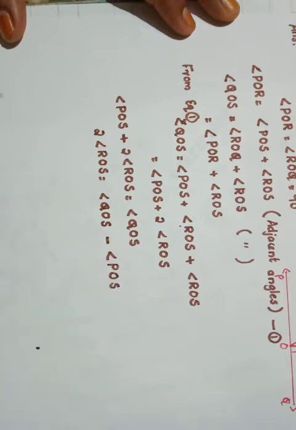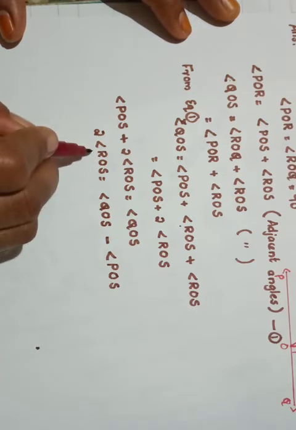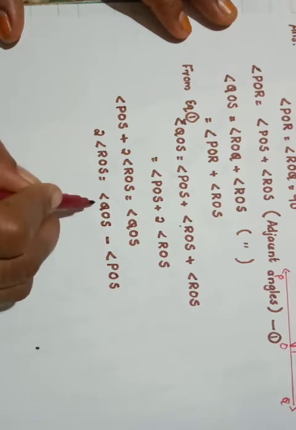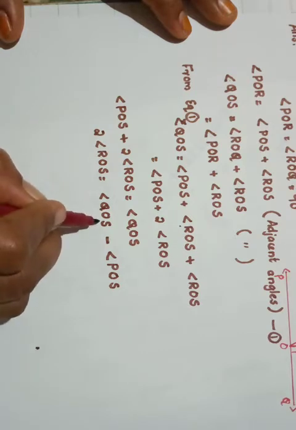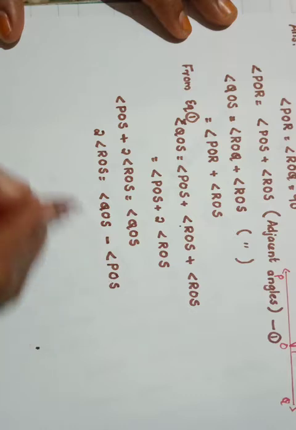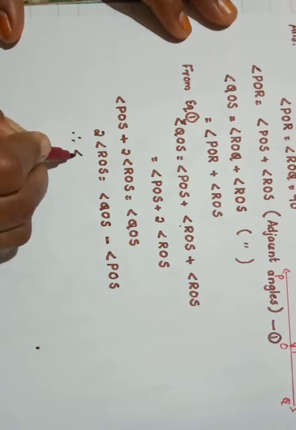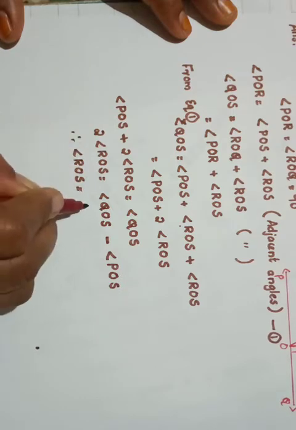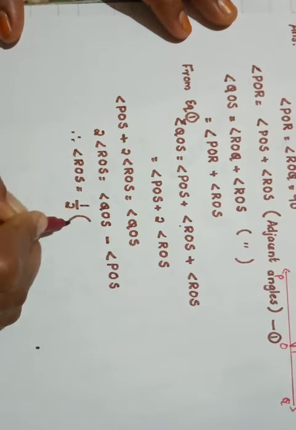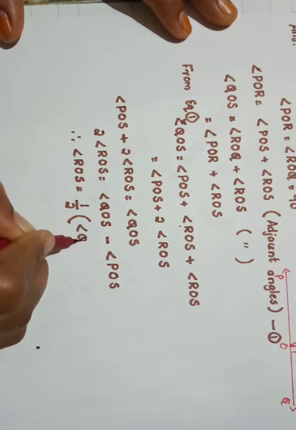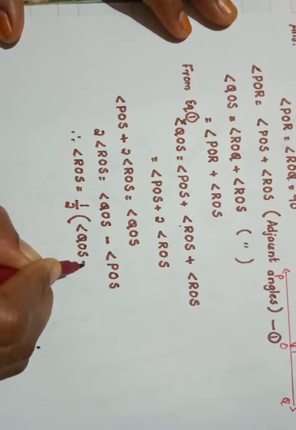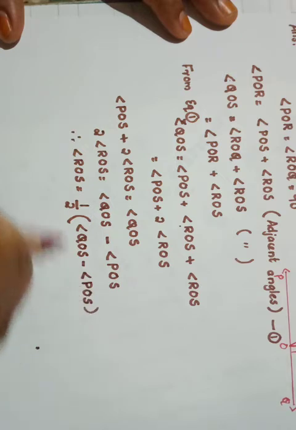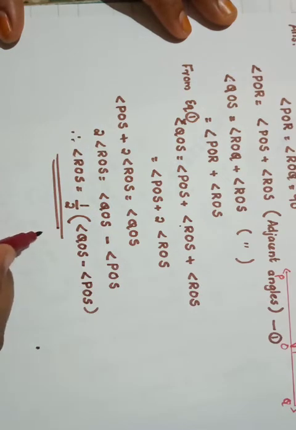So 2 times angle ROS is angle QOS minus angle POS. So what is angle ROS? It will be half of angle QOS minus angle POS. This is what we needed to prove.